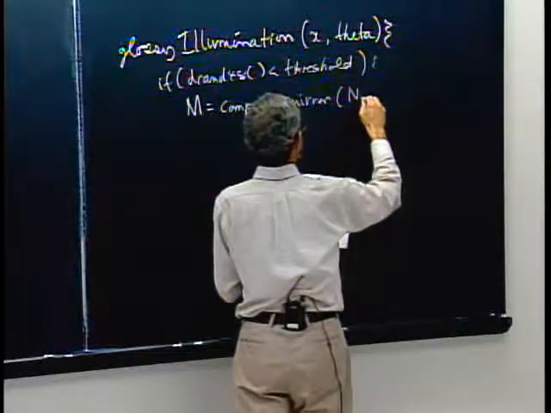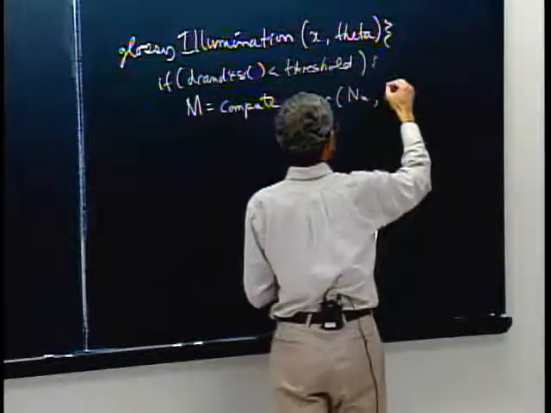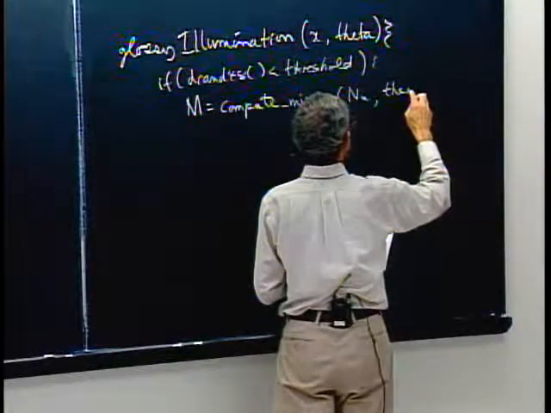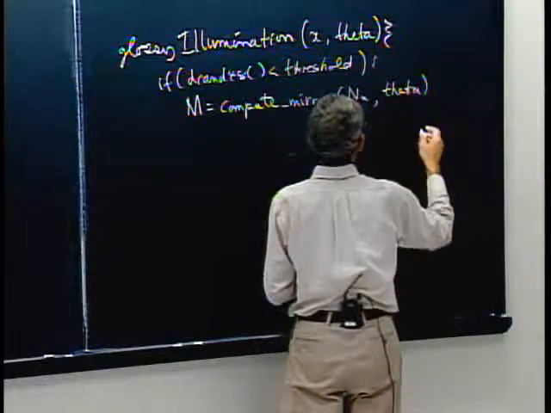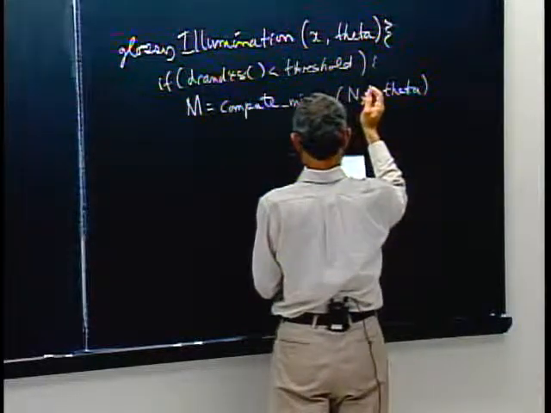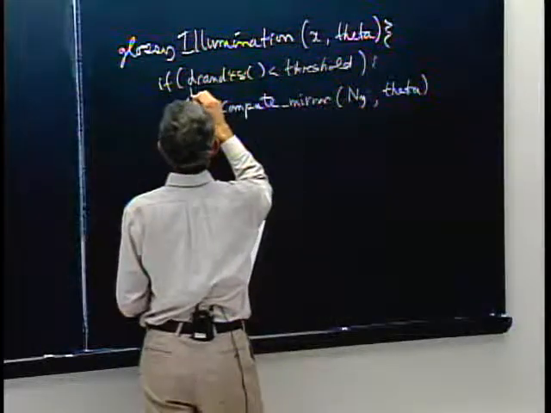And we had the normal at x, and the direction that the light is supposed to be coming out in, theta. I guess it's at the direction... this is really y, right? We have to trace.